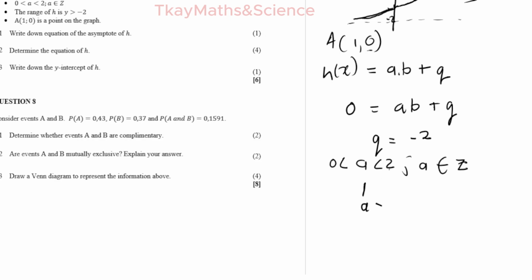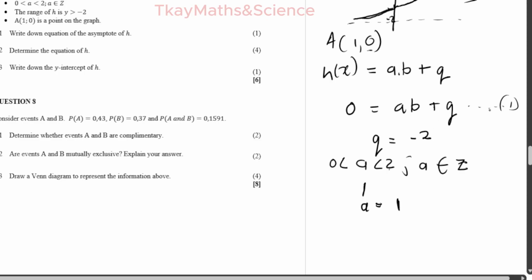So now we know our A is equal to 1. Now we use equation 1 again and input A and our Q into it. So it's going to be 0 is equal to A, which is 1, dot B, plus -2. So 1 times B is just B, minus 2 is equal to 0.